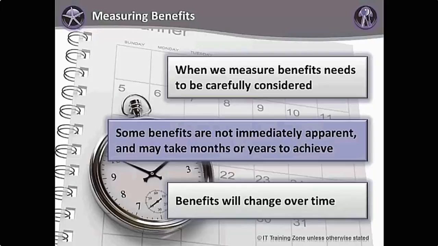We don't want to assess too early and get misleading results. Some benefits will not be immediately apparent. For example, the benefits from a new process can take months or even years to achieve. It is likely that benefits will continue to change over time, as both ongoing costs and ongoing benefits continue to move.